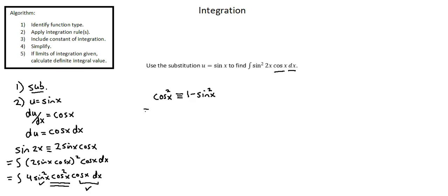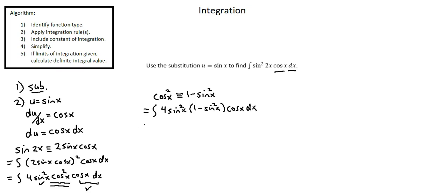So now again, rewriting our integral, we have the integral of 4 sine x squared times, we're going to replace cosine x squared with 1 minus sine x squared, times cosine x with respect to x.